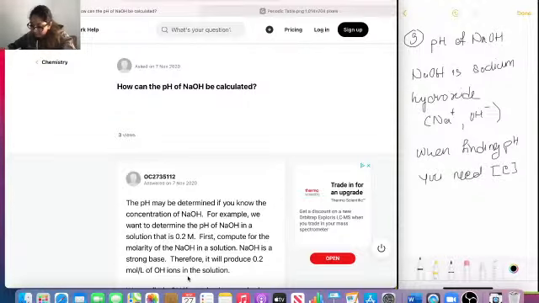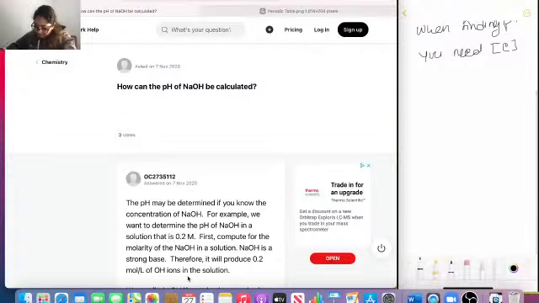So for example, let's say we want to determine the pH of 0.2 molar NaOH. Okay, so let's say we have 0.2 molar NaOH. I think you write it like this.